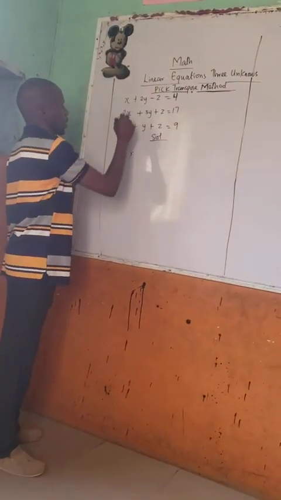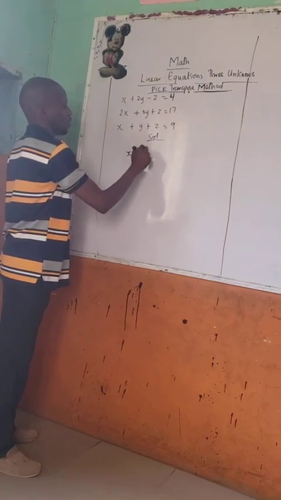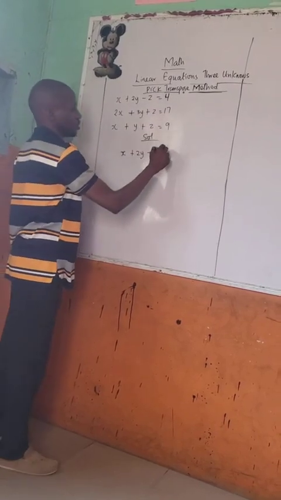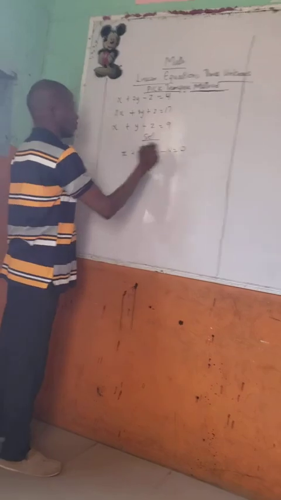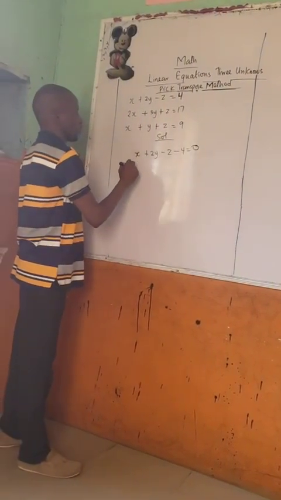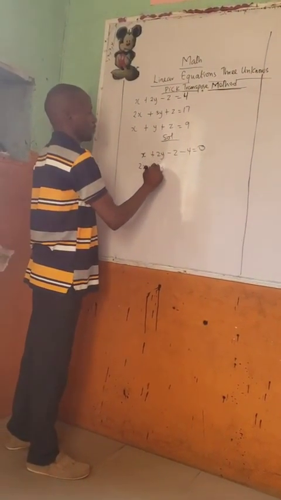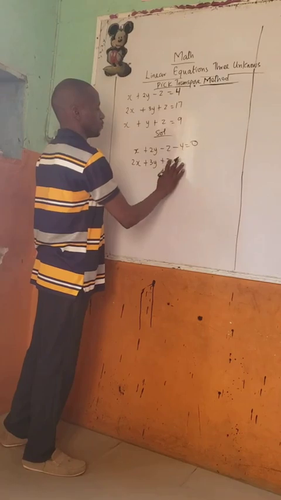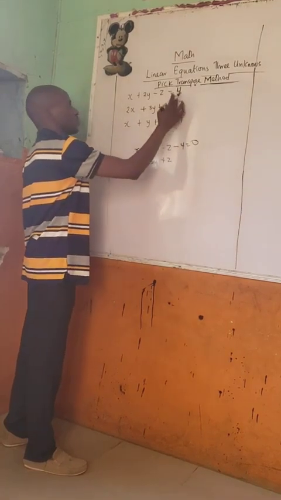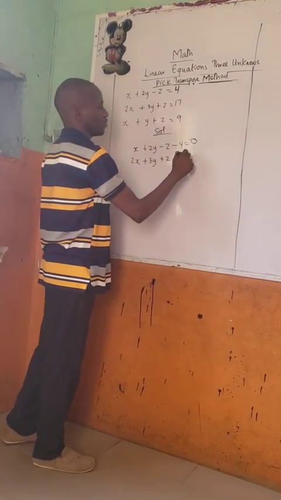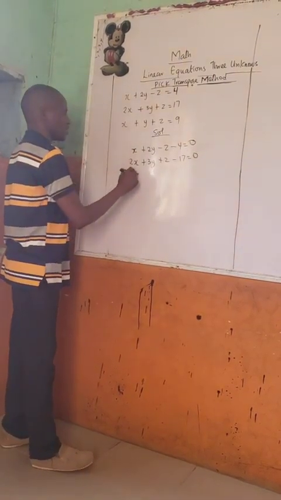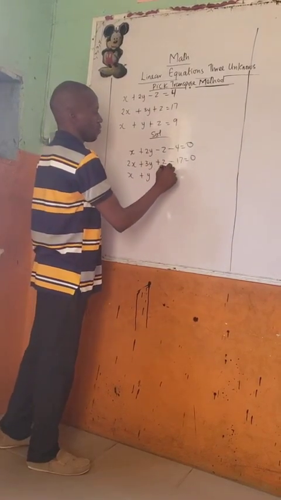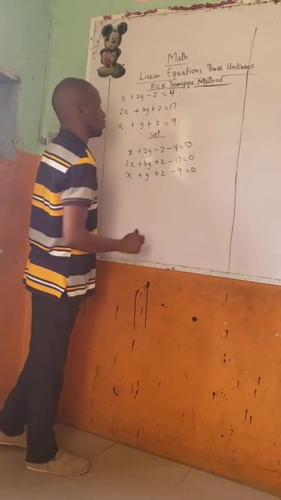We have x plus 2y minus z. If you bring it to the other side, this gives us minus 4 equals 0. And we have 2x plus 3y plus z equals 17. Bring it to the other side, that gives us minus 17 equals 0. We have x plus y plus z minus 7 equals 0.